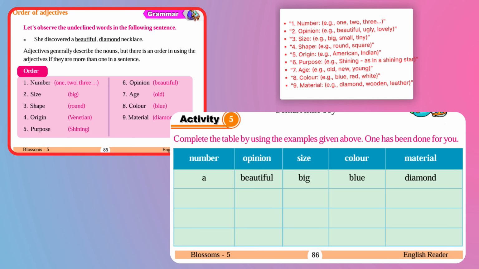For example, a beautiful big blue diamond necklace. This breaks down as opinion adjective, beautiful here, size adjective, big here, color adjective, blue here, and material adjective here is diamond.